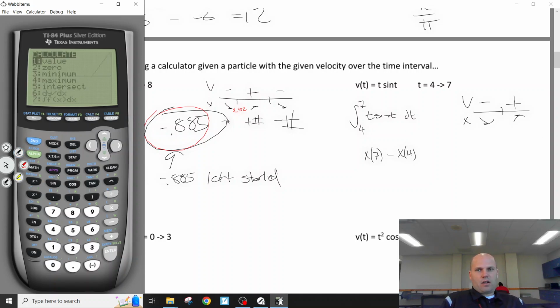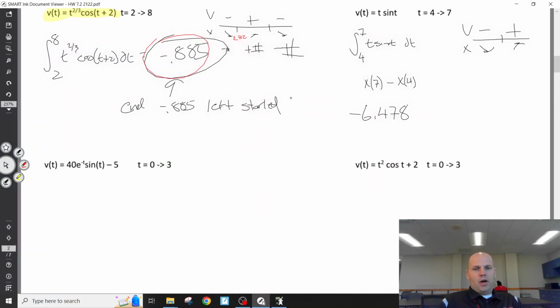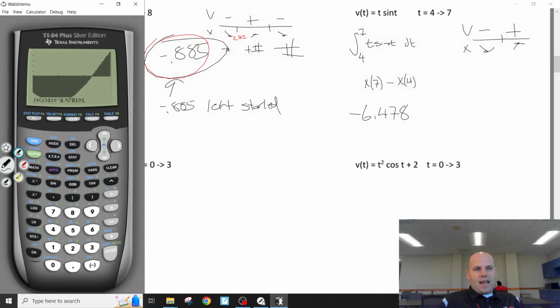Let's second calc 7, 4 to 7. This change in my position is not telling me where I'm located. It's telling me how far away I am from where I started. That's very important. I'm over-explaining again, but this is not where I'm located.